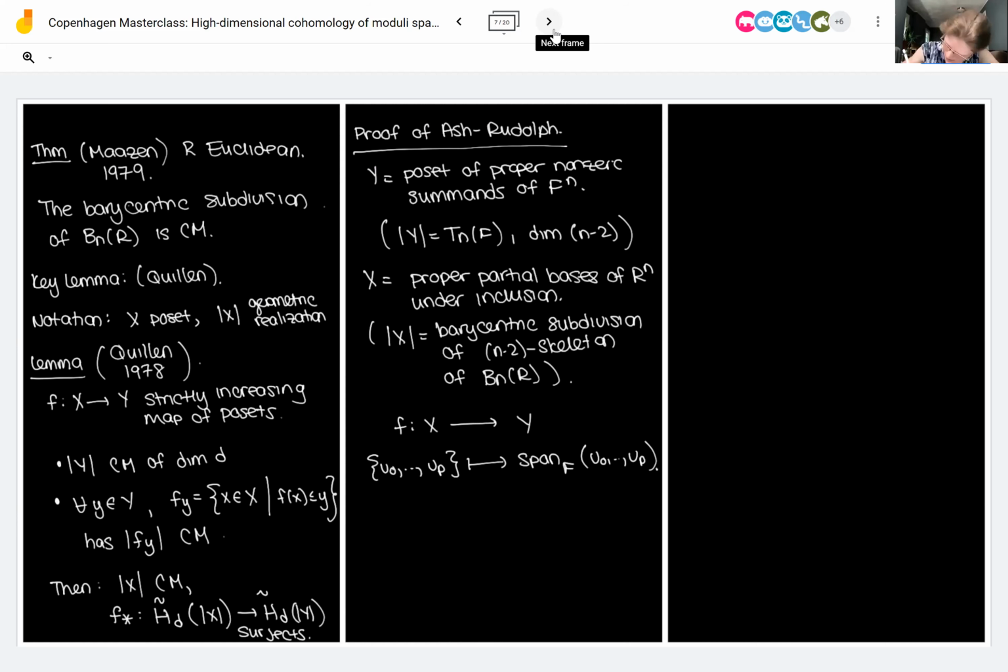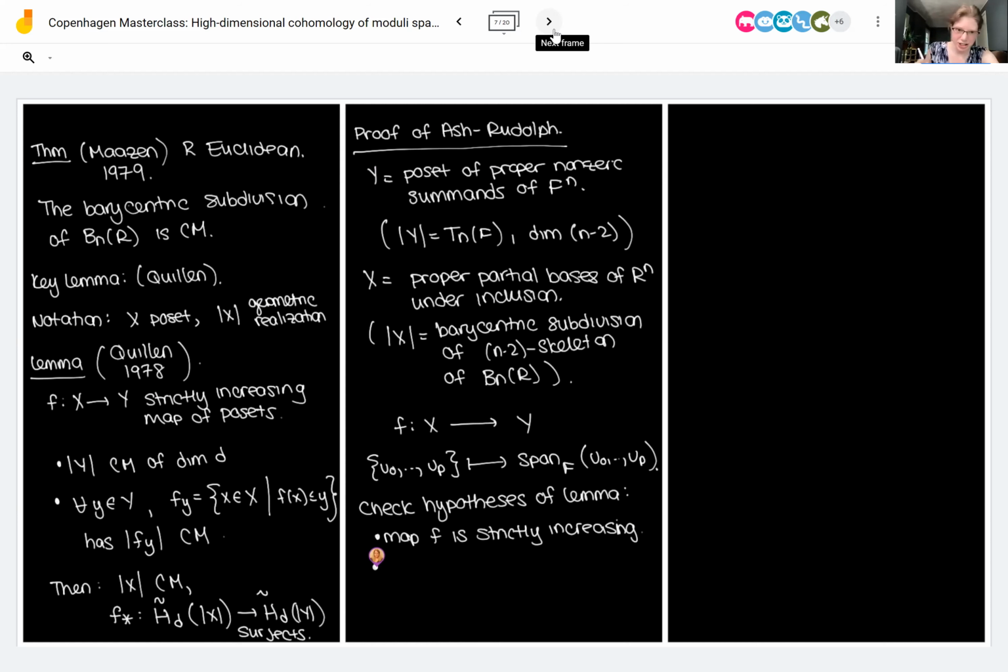Okay, so let's check the hypotheses of Quillen's lemma. It is not hard to check that the map F is strictly increasing. If I have strict containment of bases, then I will have strict containment of their spans. Okay, very good.